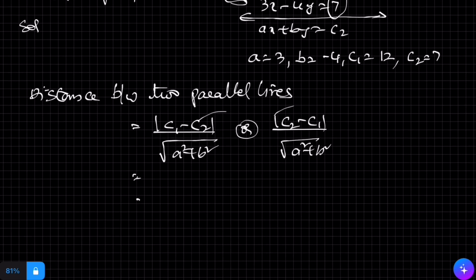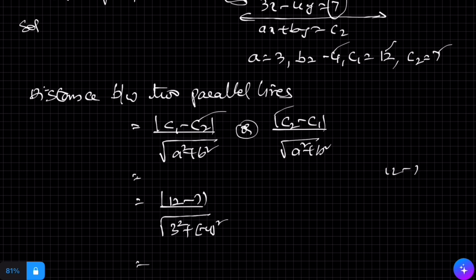So here distance equal to mod of c1 minus c2, c1 is 12, 12 minus c2 which is 7, divided by root of a square plus b square. A square is 3 square, and b square is minus 4 whole square. So 12 minus 7 is 5.